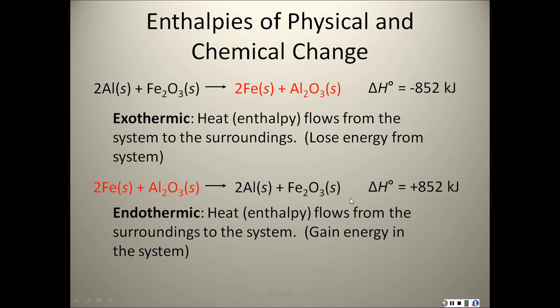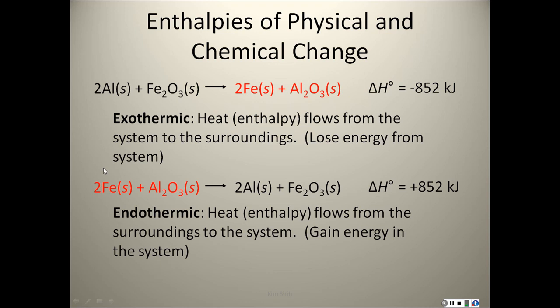Even though we flip this and we put it here, it's still endothermic because remember we said we think of heat, for example, like a product in this first one. We would actually write 2Fe(s) plus Al2O3(s) plus heat.